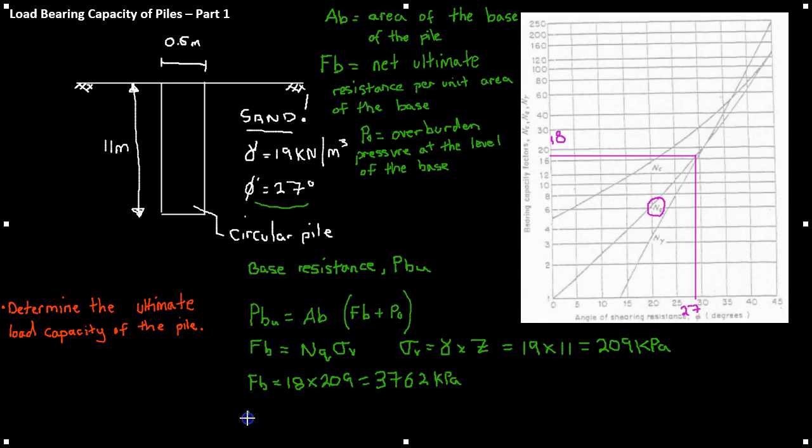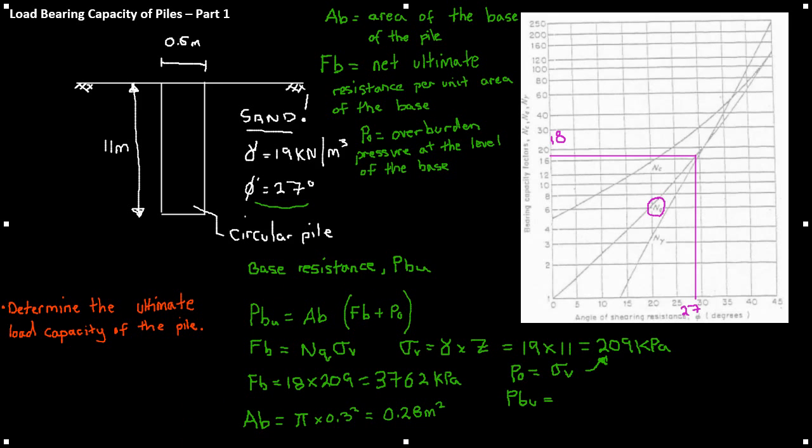AB, we can work out the cross-sectional area of the base, pi r squared, so pi times 0.3 squared equals 0.28 meters squared. P0, the overburden pressure at the level of the base, is the same as sigma V. So we've already calculated that, which is 209. So all these numbers now that we've worked out, we need to put back into our equation for PBU.